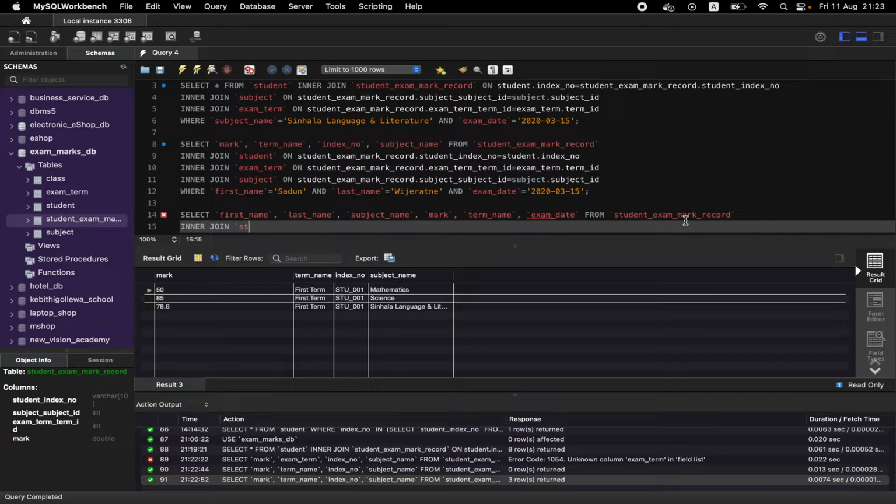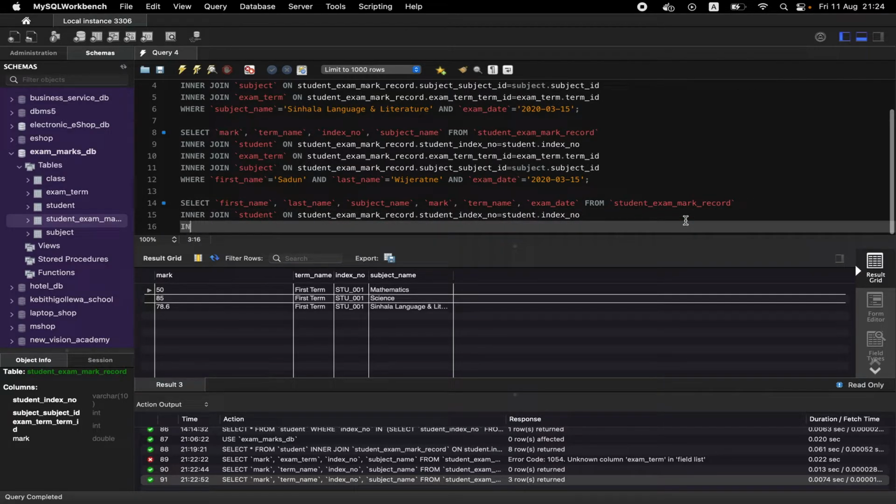Inner join student table on student exam mark record dot student index number equals student dot index number. Inner join again exam term on student exam mark record dot term id equals exam term dot term id.